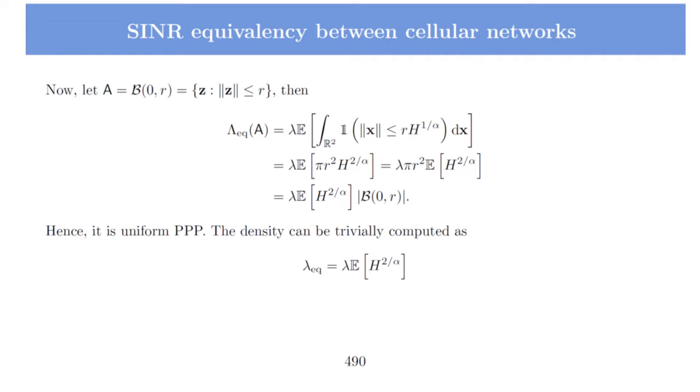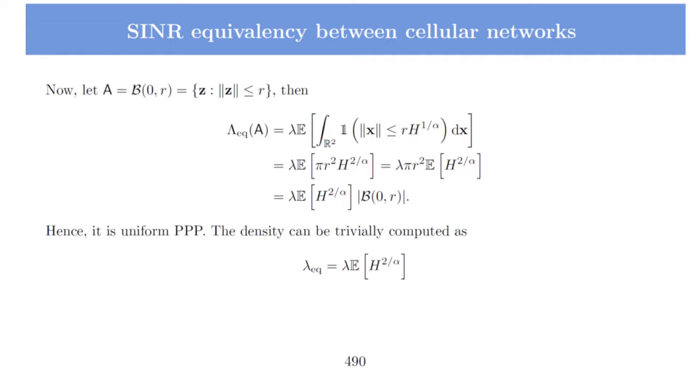Because any point which has norm less than r will be in the ball B(0, r). So here also the indicator which says h to the power minus 1 upon alpha x belongs to A will be that the norm of this, which is h to the power minus 1 upon alpha into norm of x, should be less than r. You can do further manipulation and find out it is equivalent to lambda times the expectation of the integration of the indicator that the norm of x is less than or equal to r h to the power 1 upon alpha, dx.